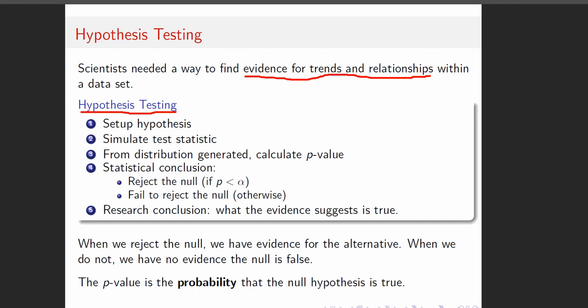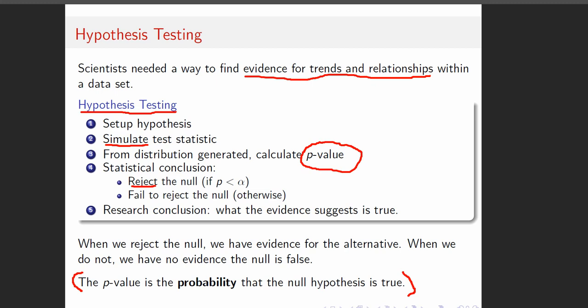And so the steps: we do have to set up the hypothesis test. We simulate the test statistic. That's where the computer comes in very handy. Every single hypothesis test will generate a p-value. Now this isn't exactly true, but with some assumptions, basically the p-value is the probability that the null hypothesis is true. So that's why we reject the null if the p-value is small.